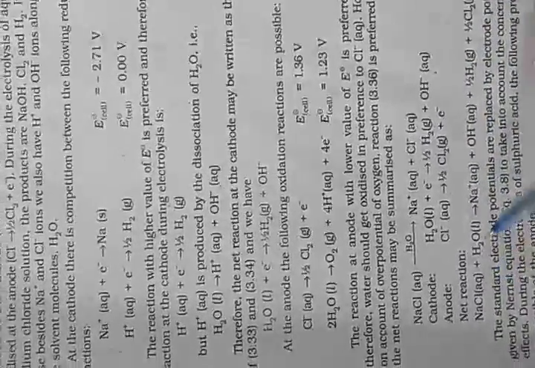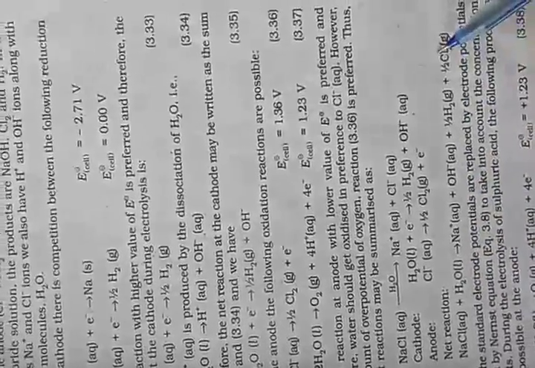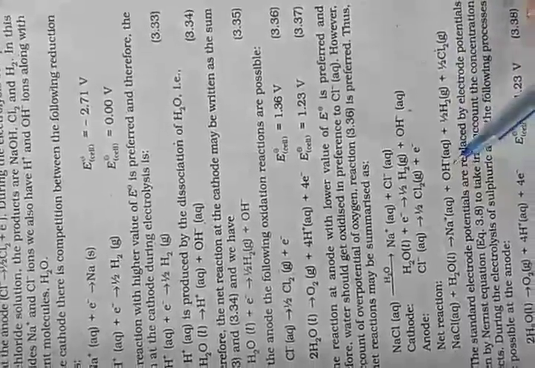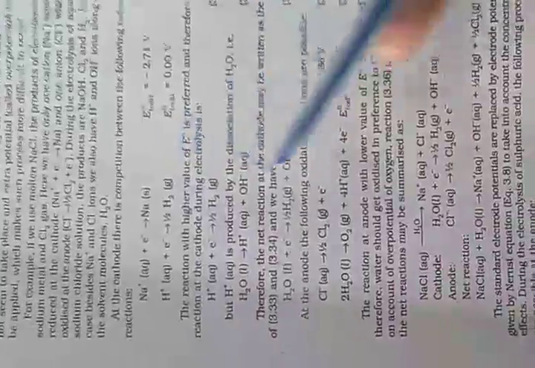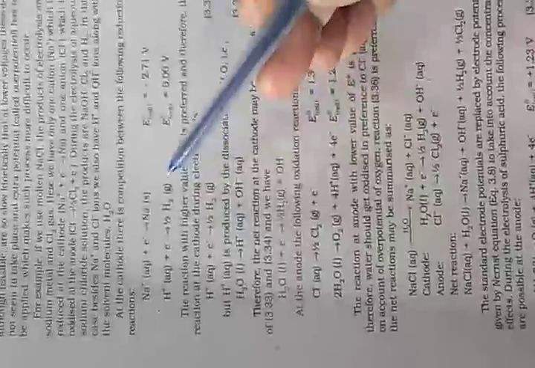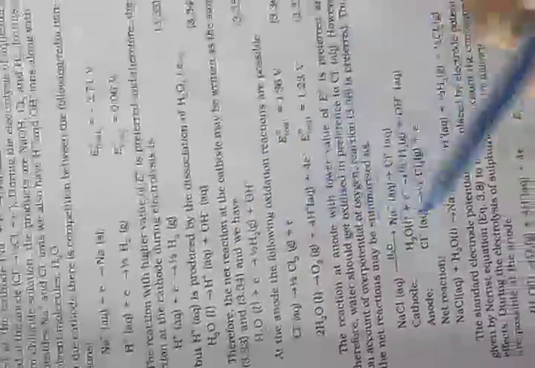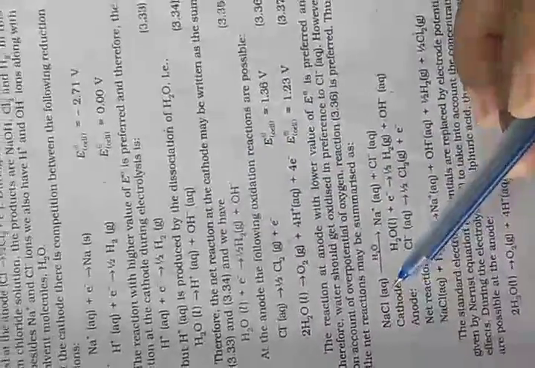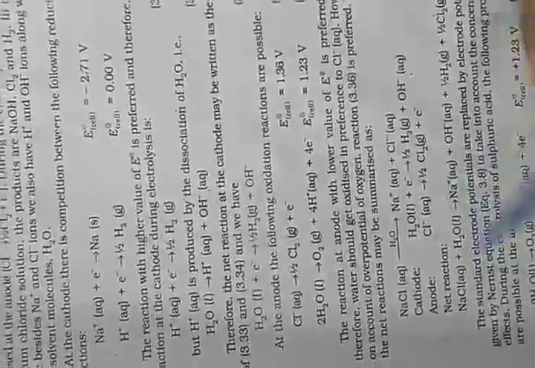So NaCl aqueous plus H2O gives Na+, Cl2 gas, OH- ion and 1/2 H2. I explained earlier the cathode and anode reactions for both the positive and negative ions combined with H2O, but the net reaction is NaCl plus H2O giving 1/2 Cl2, OH- ion and 1/2 H2. Combined, they show this reaction.